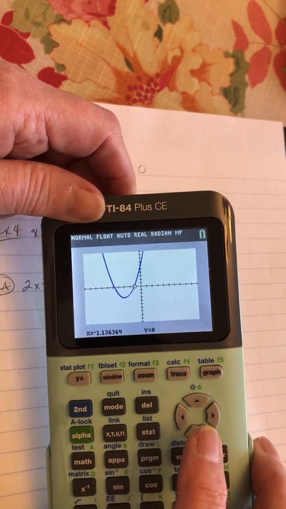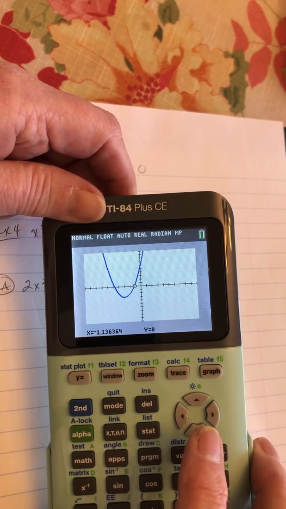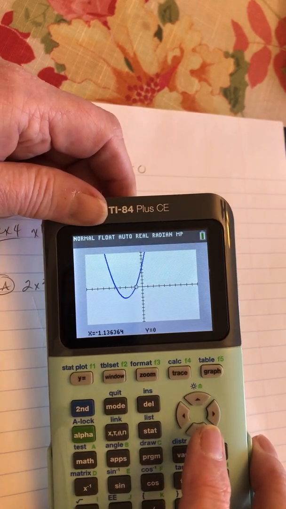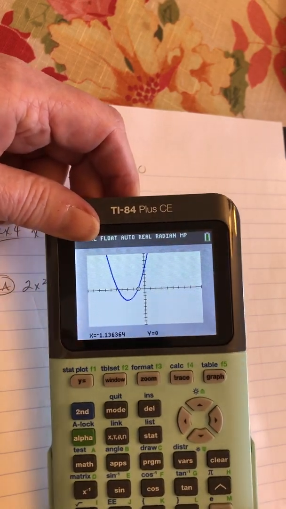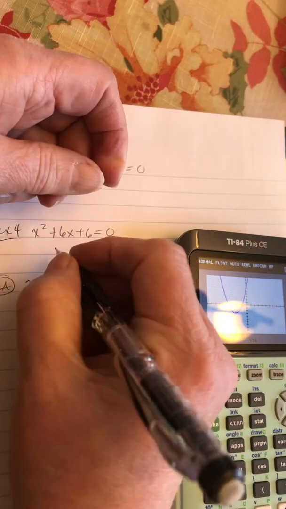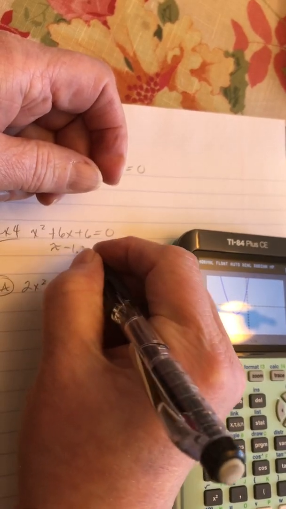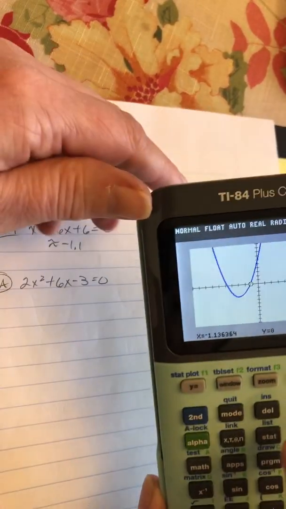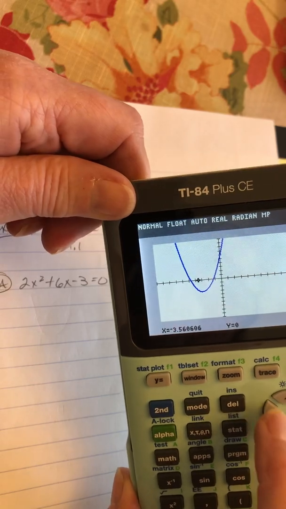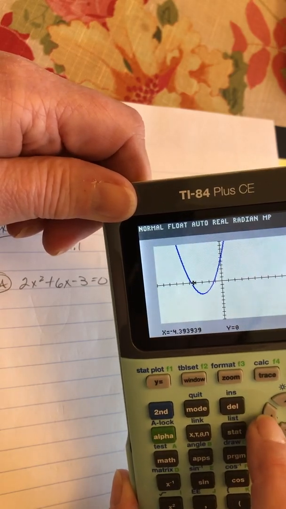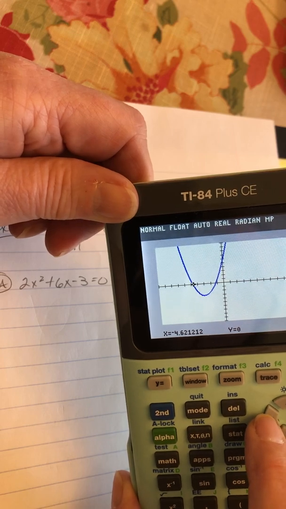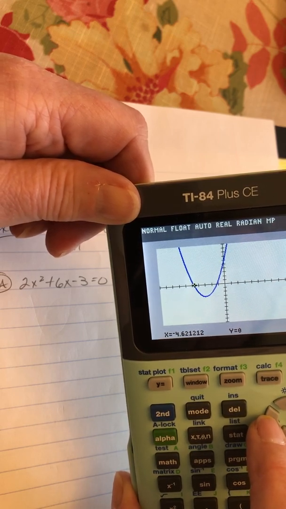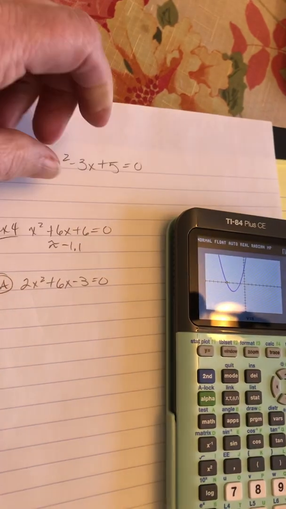And see if I look at the bottom, it says y is 0 and x is negative 1.13, so about negative 1.1. And I'm just going to keep going until I get to the other one. Okay, and that's about negative 4.6.